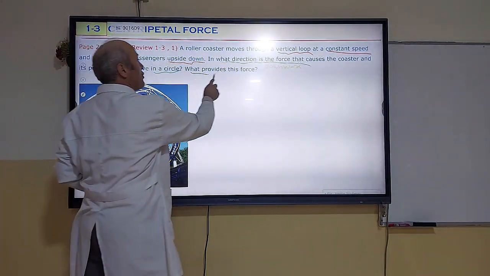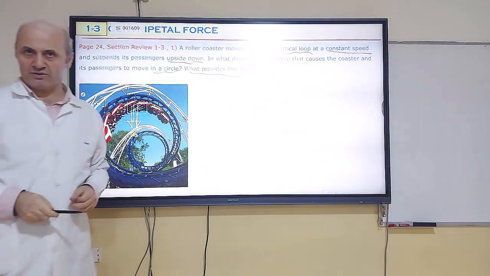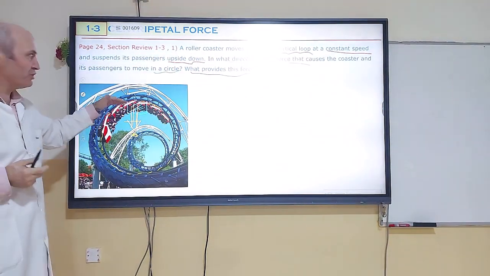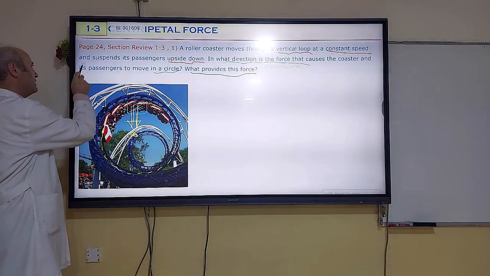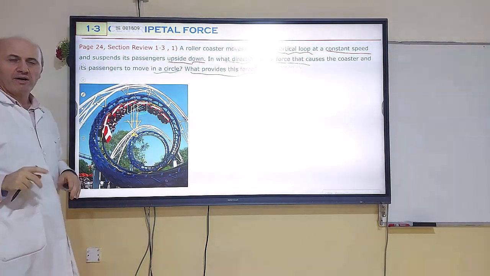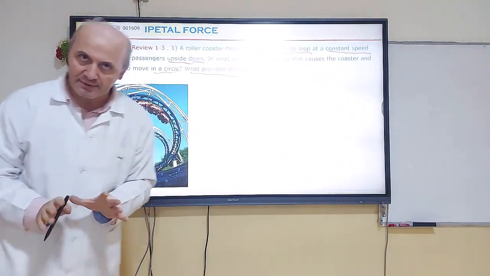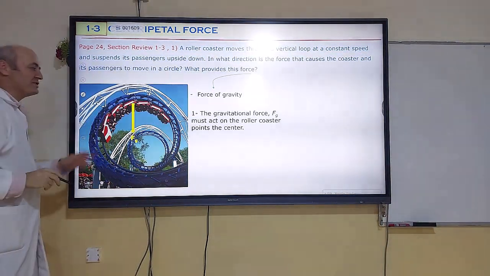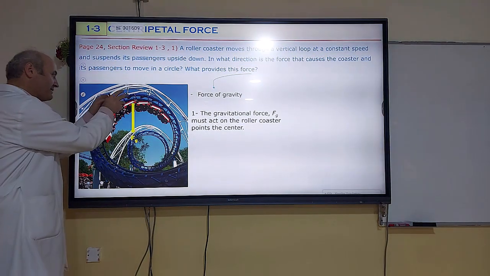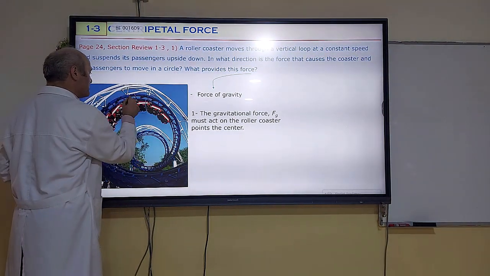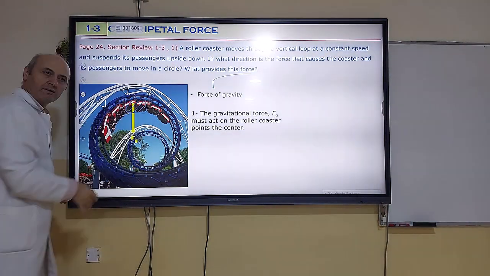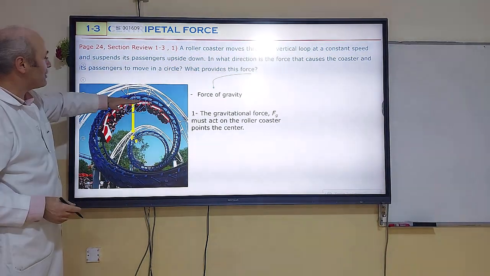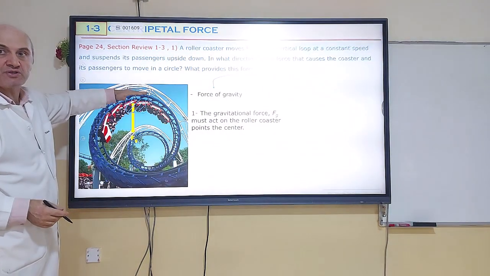Okay. Then the second part is about the force. What forces provide this centripetal force? You are going to define the forces at that position. Which forces act on the passenger and the car? Absolutely, gravitational force acts. You can never remove gravitational force. One force is the force of gravity acting on the passengers at this position, which is going down to the ground. But as this car is moving, of course the car's wheel is in contact with the track.